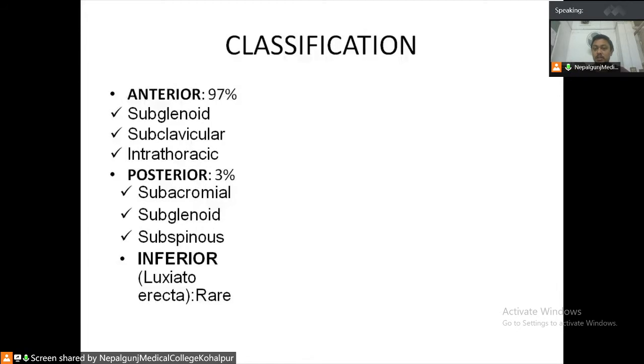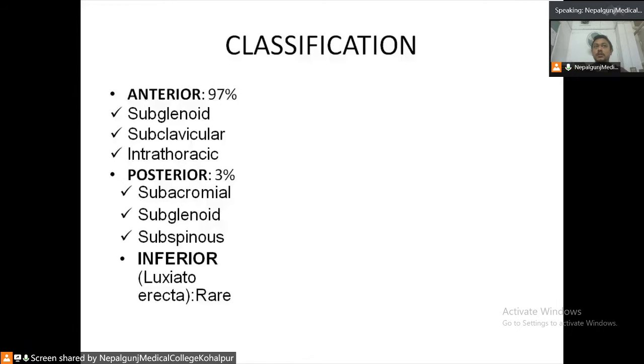Coming to the classification, the most common in the hip was posterior dislocation, but in the shoulder it is anterior dislocation. There is one way of memorizing the commoner dislocations of the upper limb and lower limb.